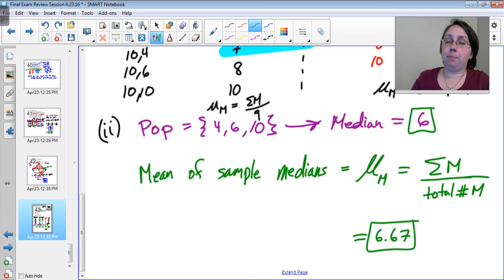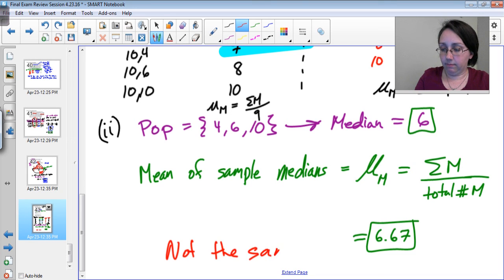So what we're going to do is compare these. What do you say about them? One is bigger. They are not the same. Which is good, because this is a median. If you had done mean, what should they be?